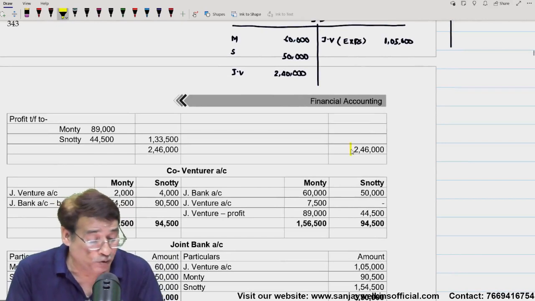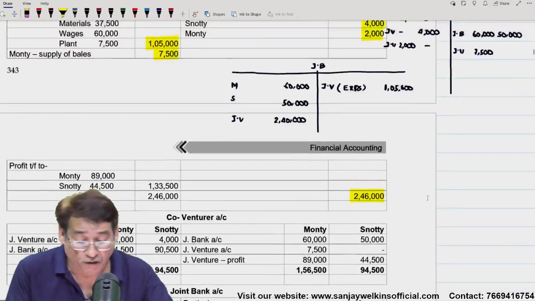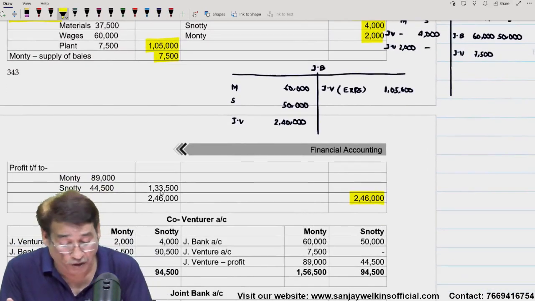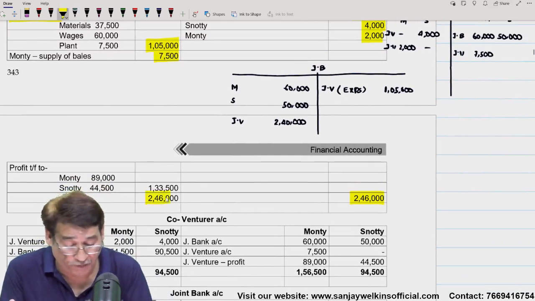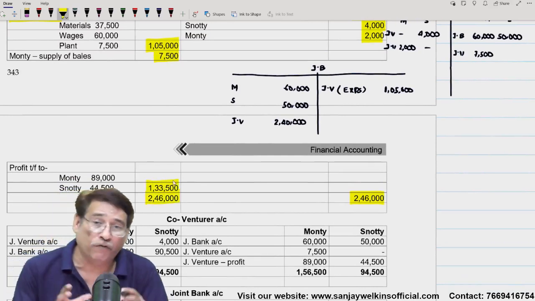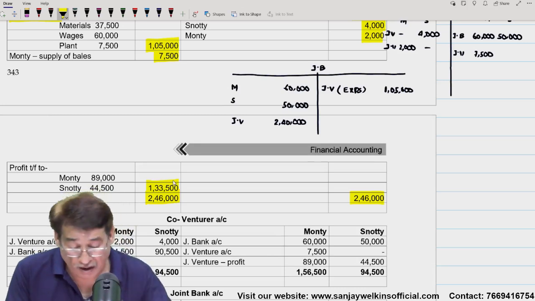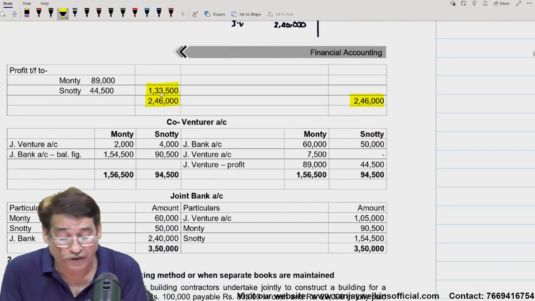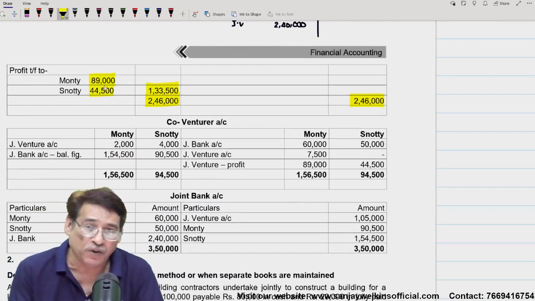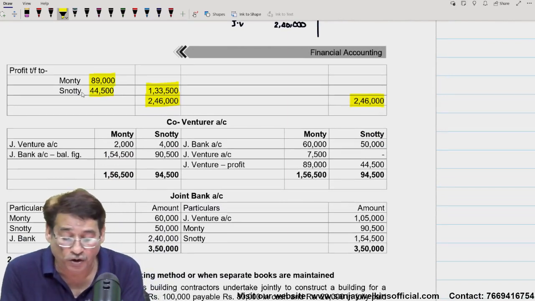So credit side total will be 2,46,000. From 2,46,000, you are going to subtract 1,12,500. You will get a balancing figure of 1,33,500. Now this 1,33,500 will be divided in the ratio of 2:1 between Monty and Snooty. So you have written here 2 Monty, 2 Snooty.